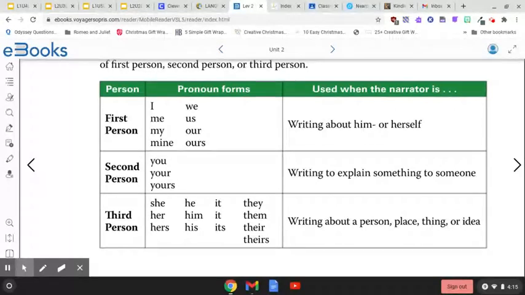Let's take a look at third person pronouns. The list is quite long compared to the other categories. What are the subject pronouns? What are the object pronouns? Which ones are possessive pronouns? When would a narrator use third person?